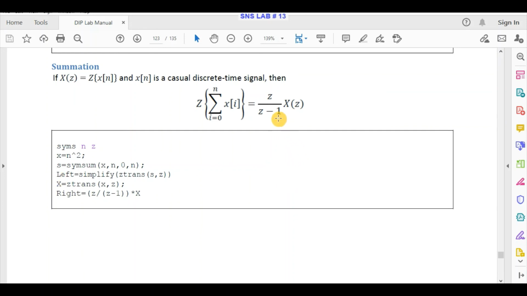If we see the right hand side here, we need to multiply z over z minus 1 with x of z. So here you can see capital X is equal to the z transform of x, and to compute the right hand side of the equation, we are multiplying z over z minus 1 by capital X, which is actually the z transform of our actual signal.